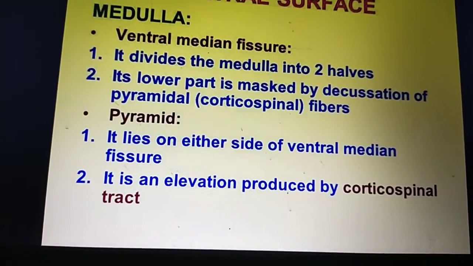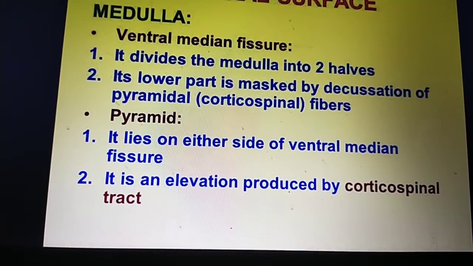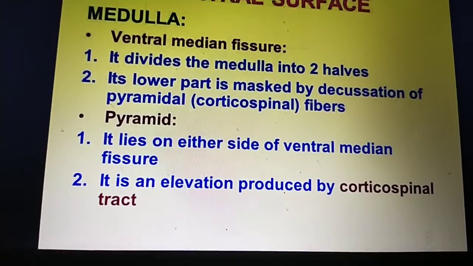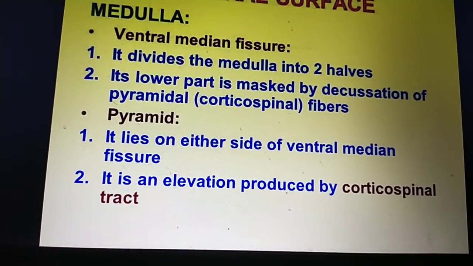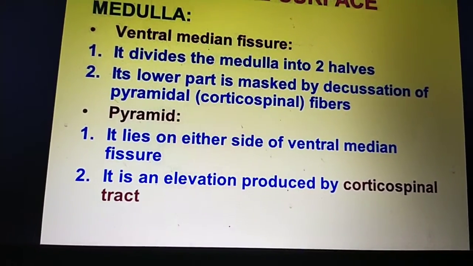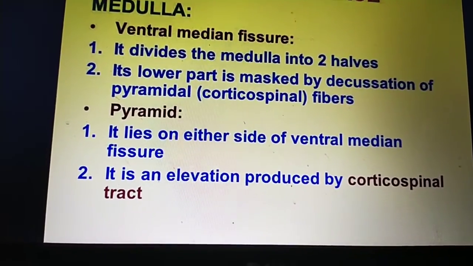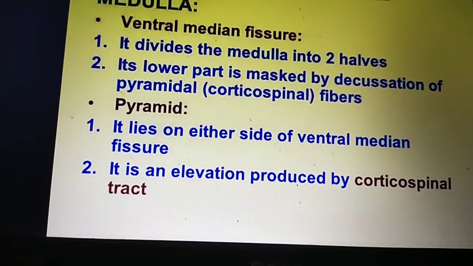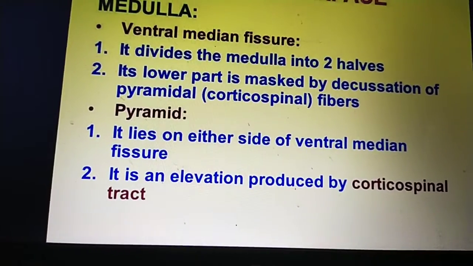This is the medulla oblongata. It has the ventral surface. Here it has the ventral median fissure, which divides the medulla oblongata into two halves. On each side, the lower part is marked by the decussation of the pyramidal fibers. The pyramids lie on either side of the ventral median fissure.